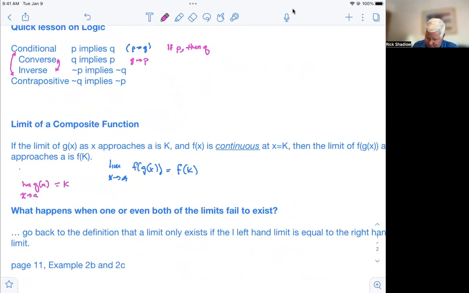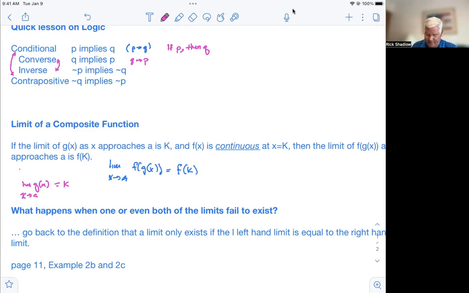And then f is continuous. I know we haven't talked about a definition of continuity yet, but continuous for right now means that if you could draw the function, and it has to still be a function, without lifting your pencil. We'll have a little bit more next video on the concept of continuity.